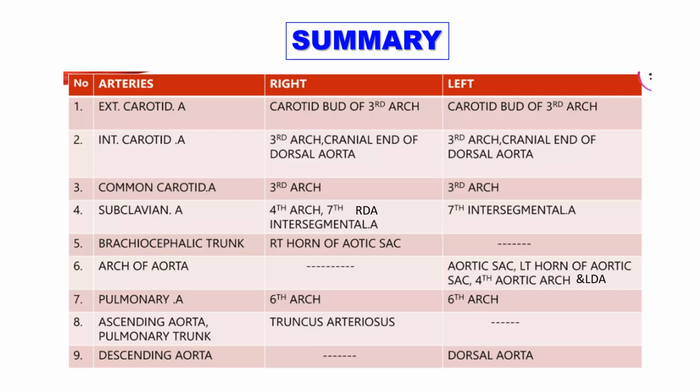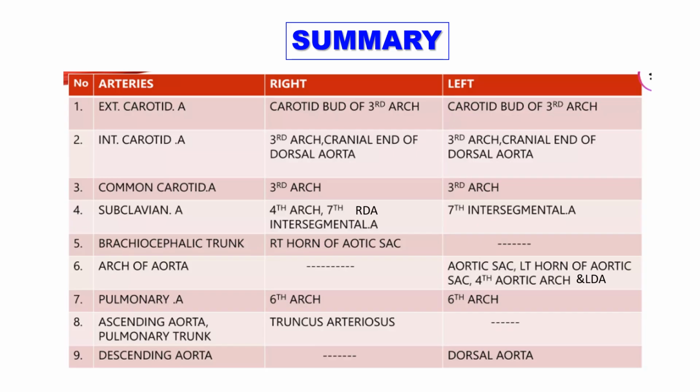Overall, coming to the summary of development of various arteries. External carotid, a bud from the third aortic arch artery on right side and the left side. Internal carotid artery arises from the third aortic arch and cranial end of dorsal aorta on the right side and also on the left side.